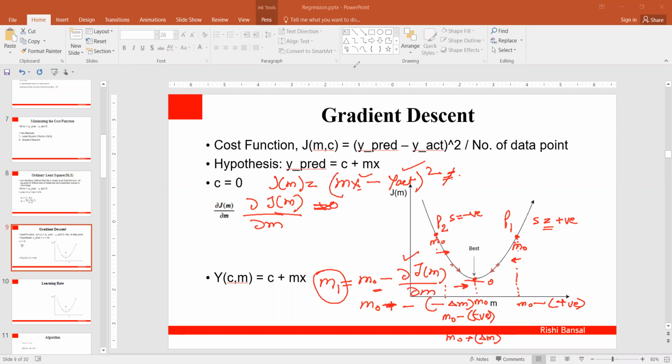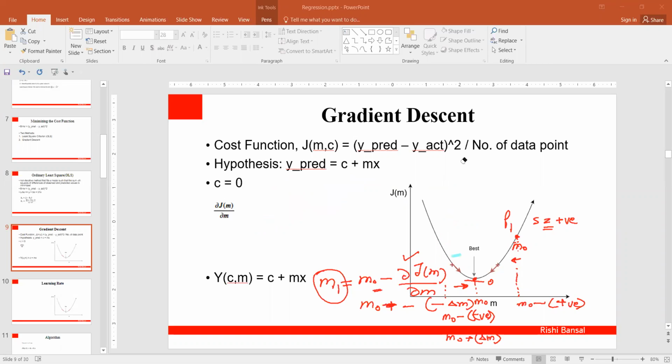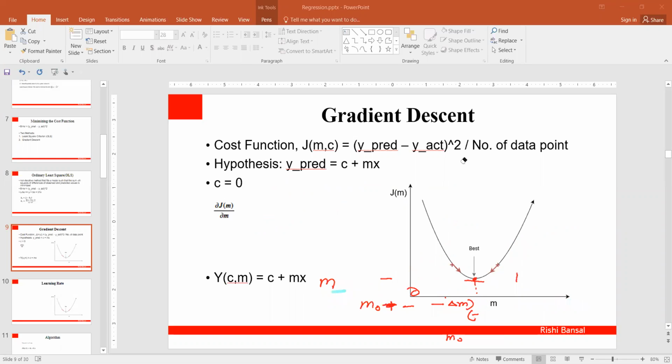Now I will take one example to explain this a little bit more. Today we need to just understand this only, nothing else. Rishiji, I think we forgot one more thing: the curve came because of the equation, right?